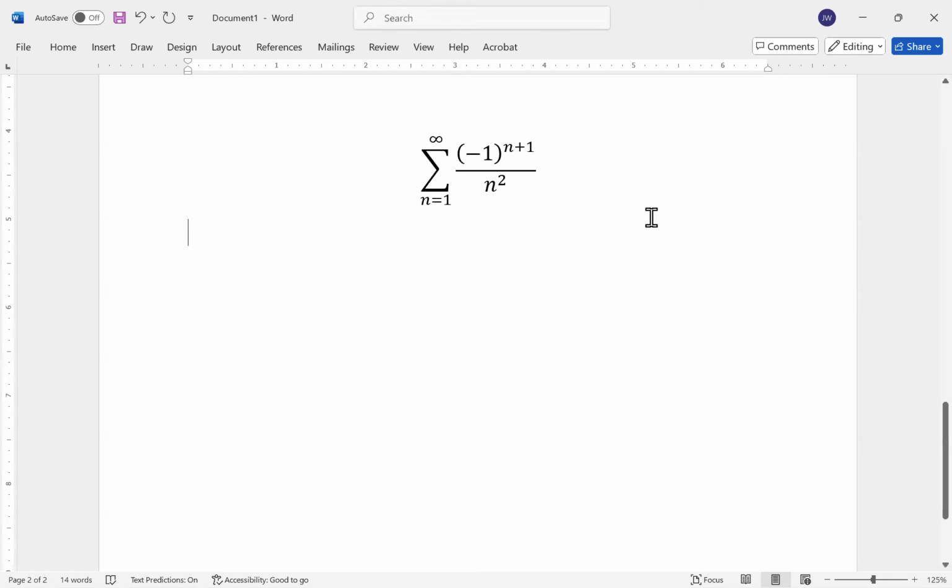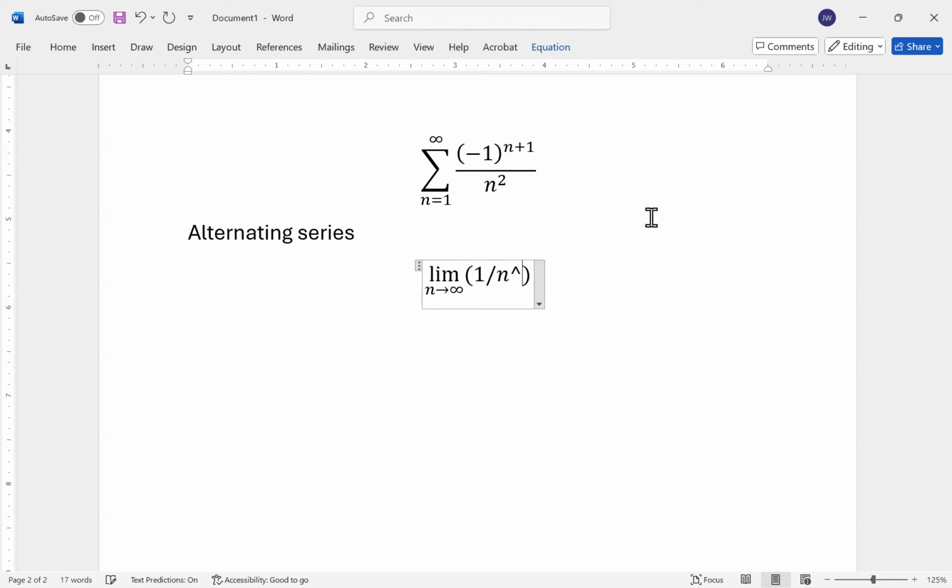So this is an alternating series. I could factor out a (-1)^(n+1). So the first thing I do is I take the limit of what I call the positive component.